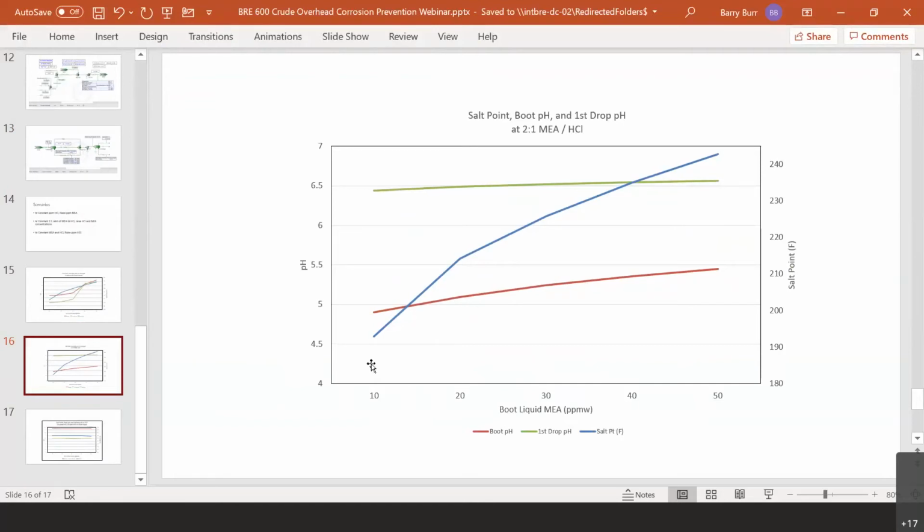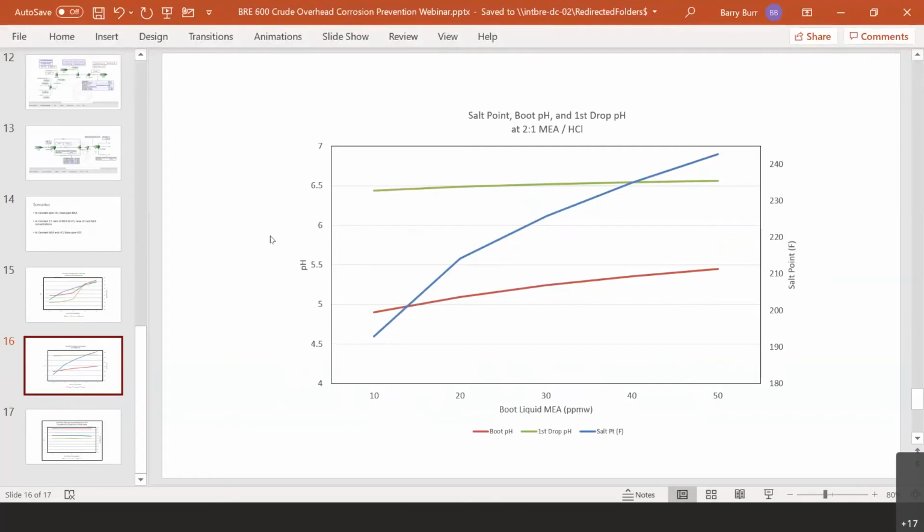And you see that as the total amount of HCl plus MEA rises, the salt point temperature also rises. So that means the more salt that you don't remove from your desalter, the more salt that enters the column and enters the heater, converts to HCl, the more of that happens. And if you suitably neutralize it, the higher your salt point is going to go.